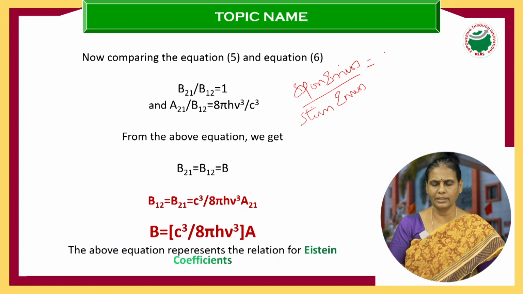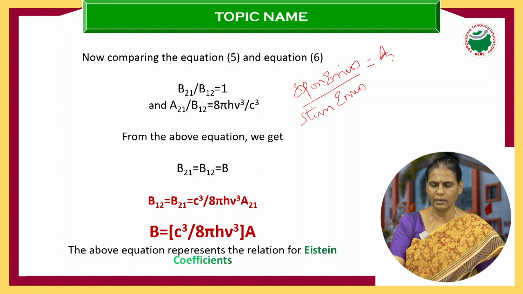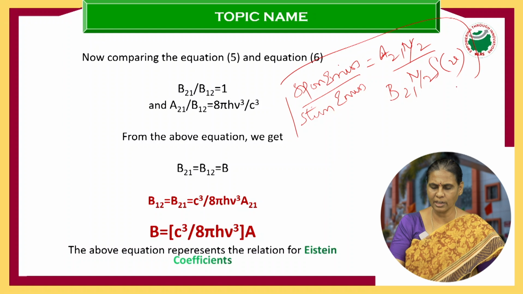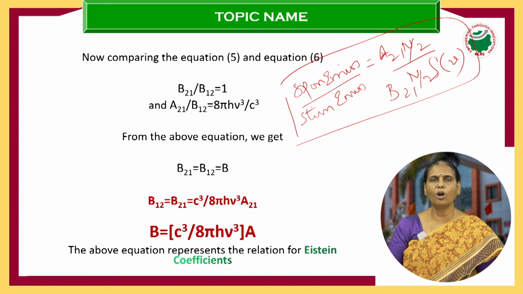What you got in case of spontaneous emission is A21 N2 by B21 N2 rho of nu. So this is the emission ratio, that is A21 by B21 into rho of nu. This is the rate of emission which is emitted from a system, in terms of Einstein coefficients. Okay, this is what is about Einstein coefficients.